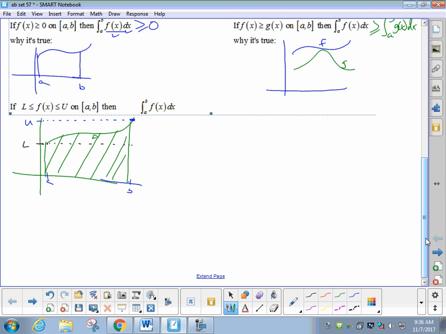Yeah, under u. What is the area under u? Which is, in essence, a rectangle. B minus a for the width times u for the height. In other words, the area under f has to be less than that blue rectangle. What about the area under f? What must it be greater than?